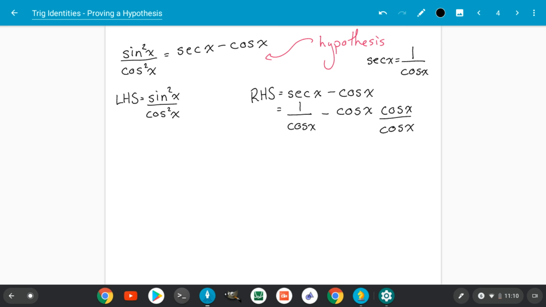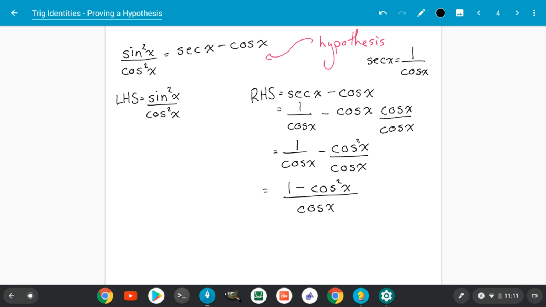Okay, and now I have a common denominator. So I'm going to end up with 1 over cosine cos x minus cos squared x over cos x. And this will end up being 1 minus cos squared x over cos x.